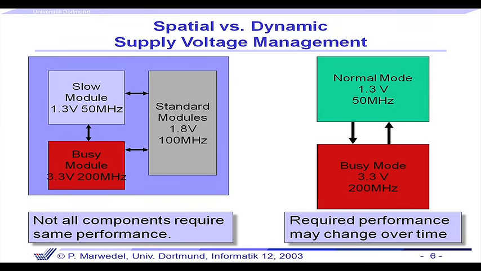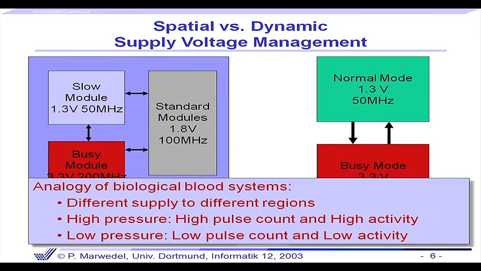That sort of thing takes place. The analogy for this is the biological blood supply system: different supply to different regions depending on the activity. Whichever parts are more active, whenever you increase the activity at a particular point, more and more blood supply goes there.